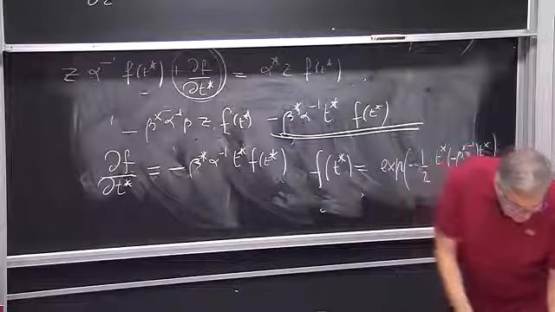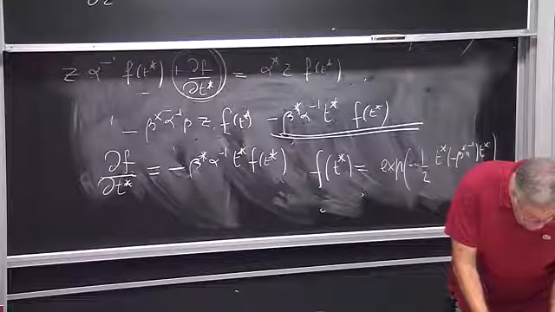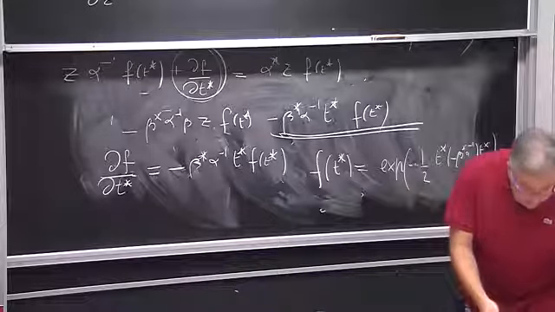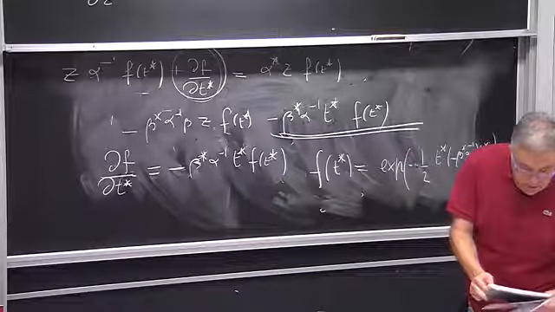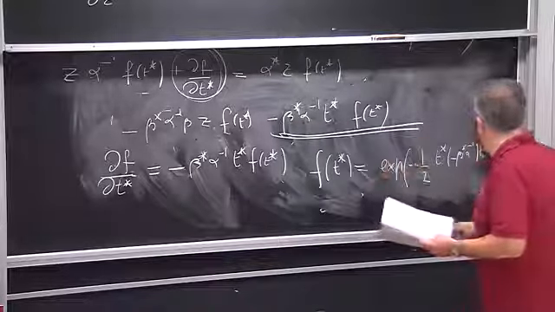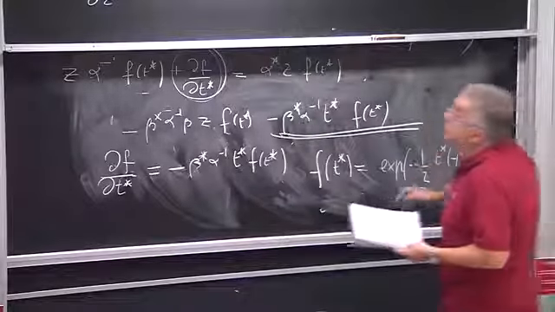So I get the sum of two terms, which have to be 0. Let me write it somewhere else.